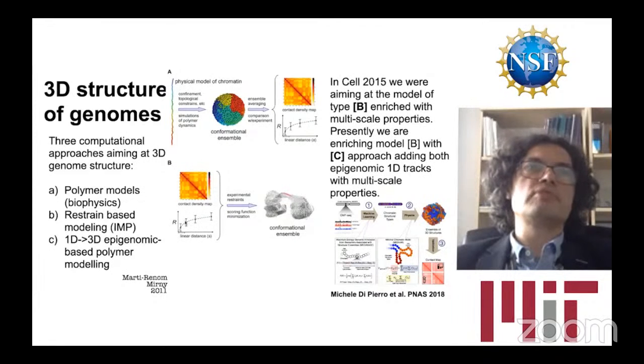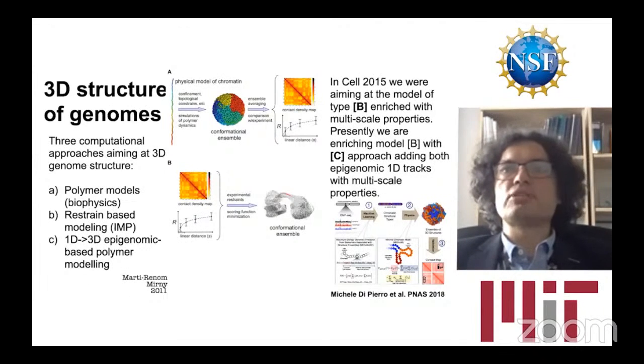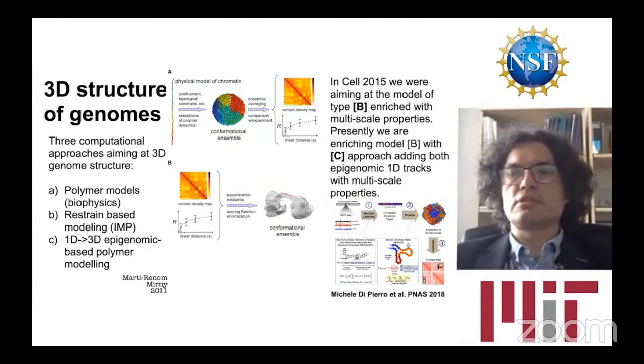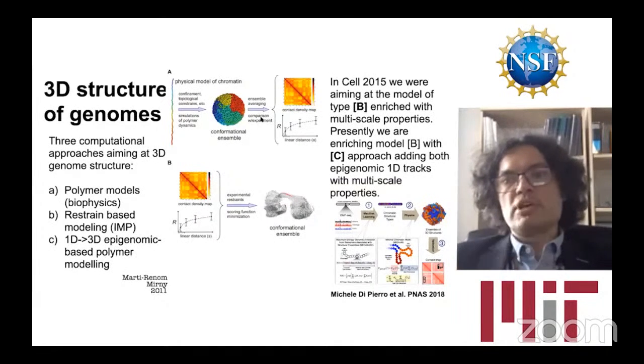Or you can perform data-driven modeling, when you use the experimental data directly and then construct the 3D models which are in agreement with it. And there is also a final methodology, which was introduced by Di Pierro and colleagues, and a year later we also introduced a methodology based on epigenomic marks. You can actually predict the 3D structure without using 3D data. So this is somehow in between the data-driven approach, where the input is 3D contact data, and polymer physics, where the input is not experimental data.